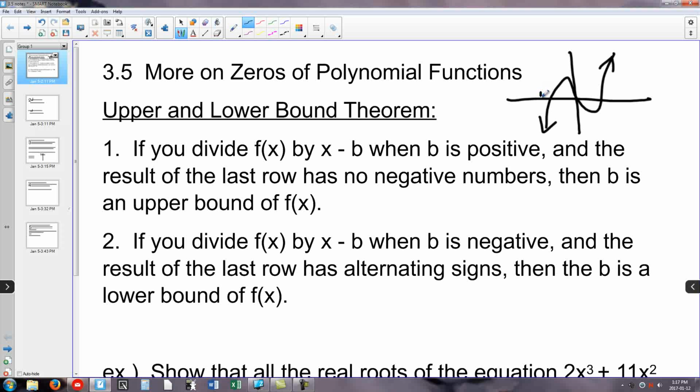One of the ways is to find points that are all the way on the right and all the way on the left, and we could work our way in. And there are rules about what happens in synthetic division as long as we stay on the left and on the right if we have a negative and a positive result. So when the number we're going to divide by is positive, this is important.